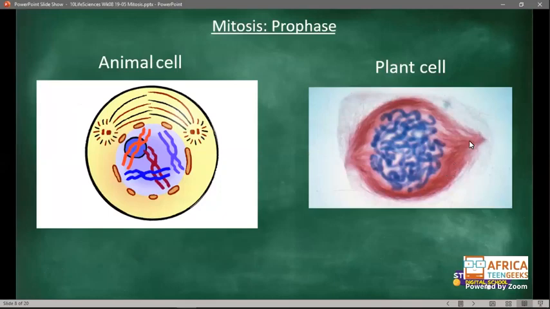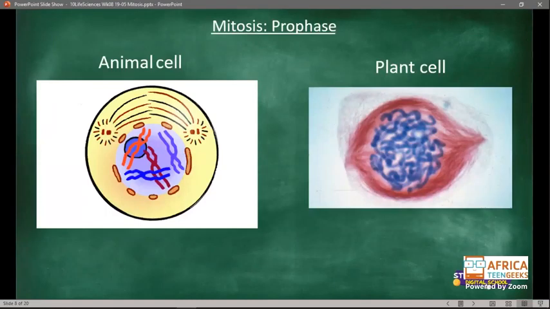Now, as you can see, these are your chromosomes. And also for the plant cell, the nuclear membrane is disappearing, similar to that of the animal cell. So it is disappearing. Now that is prophase.